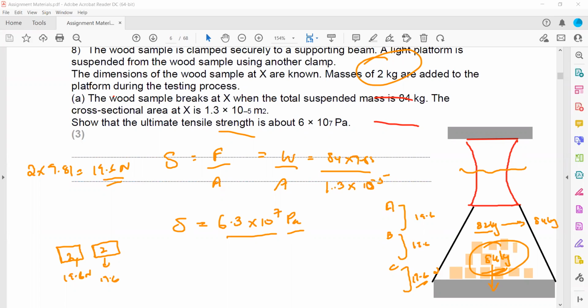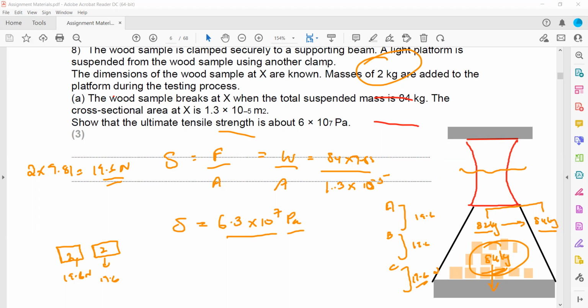We have either 82 or 84, so our value is not accurate, as we are missing the masses from 82 to 84. The sample might break at a mass between 82 and 84.